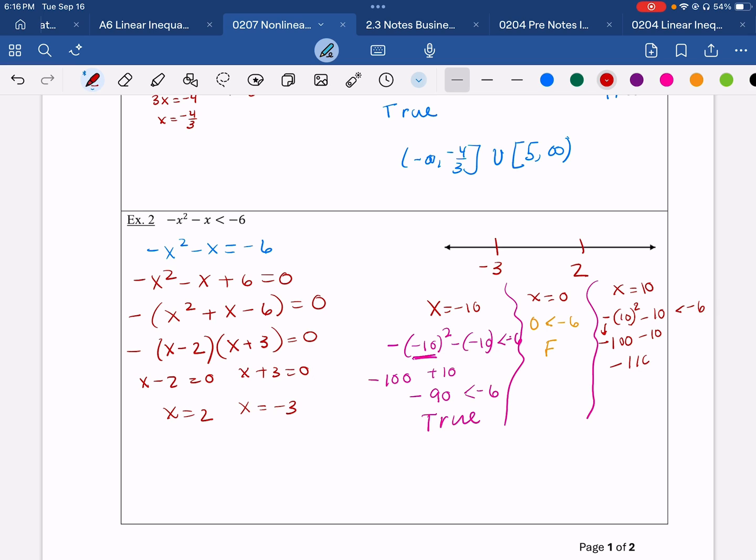That's negative 110. Is that less than negative 6? And that's true. So it's open circles. This part was true on the left, this part's true on the right. So my interval notation is parentheses, negative infinity, comma, negative 3, parentheses, union, parentheses, 2, comma, infinity, parentheses.